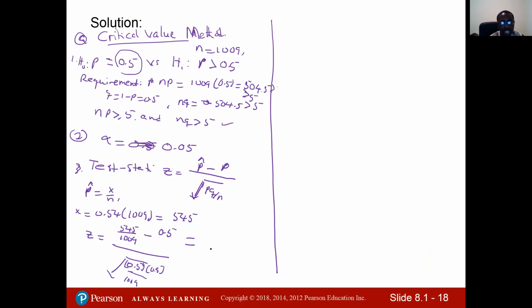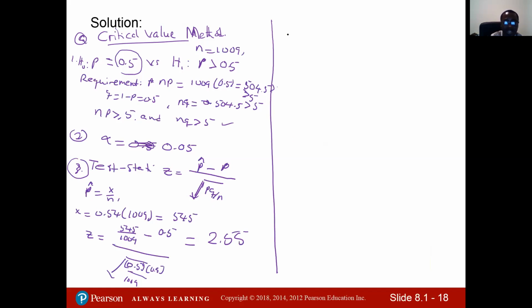If you calculate it, you will have 2.55. So that's your z test statistic for step 3.